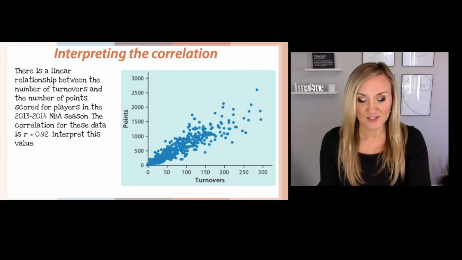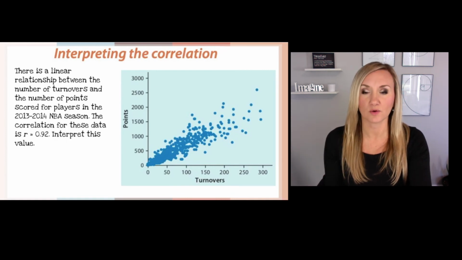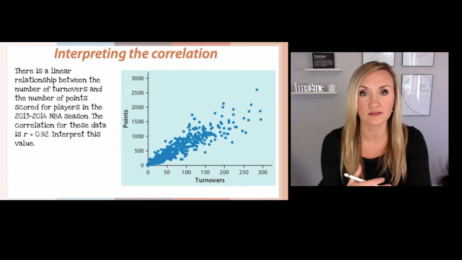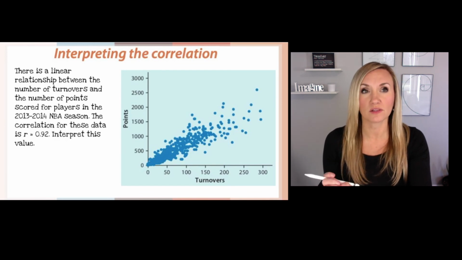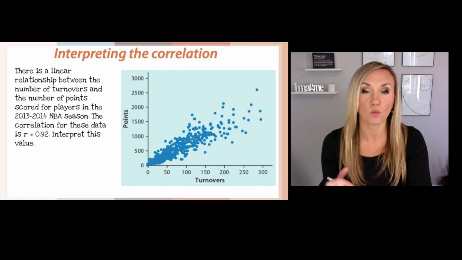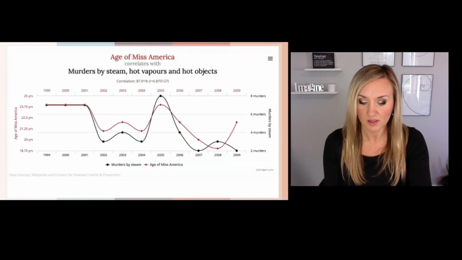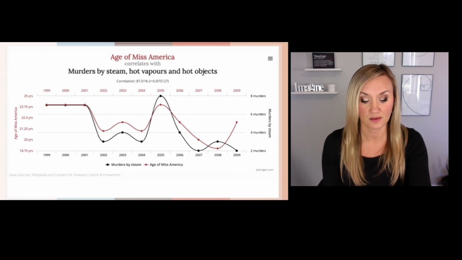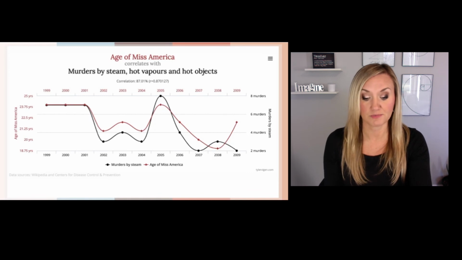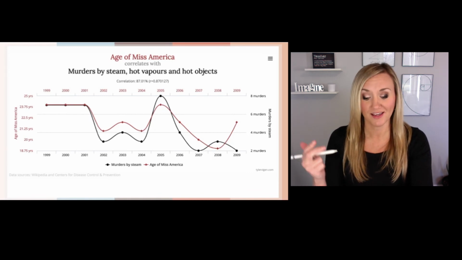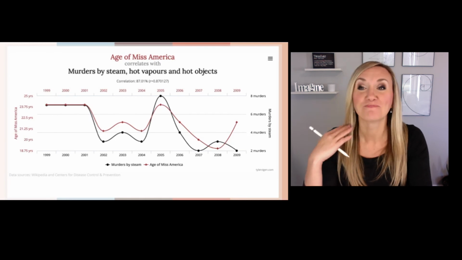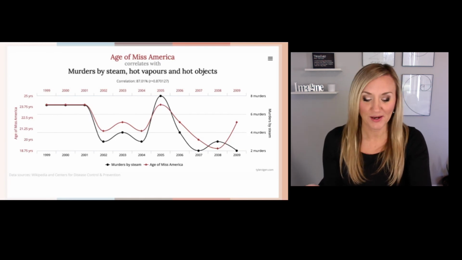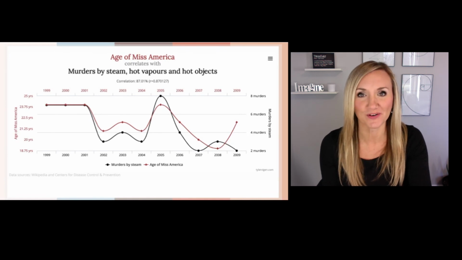All right. So just because there is a correlation, right, between turnovers and points, it doesn't necessarily mean that one causes the other. So I want you to take a look at this graph here. This graph is the age of Miss America and murders by steam, hot vapors, and hot objects. I know this seems kind of weird, but if you take a look at the two, wouldn't you say there's a correlation?